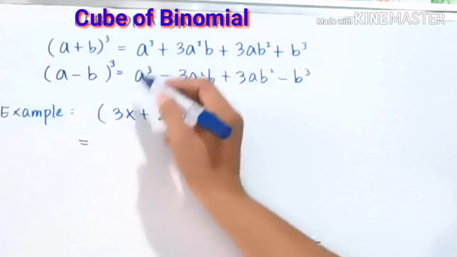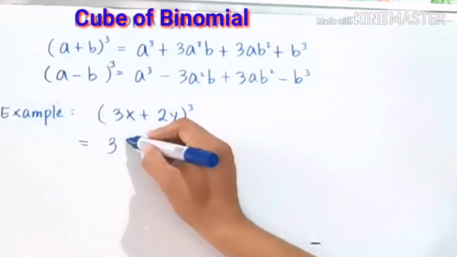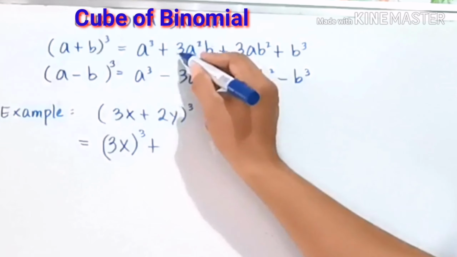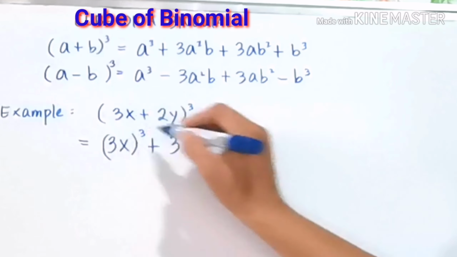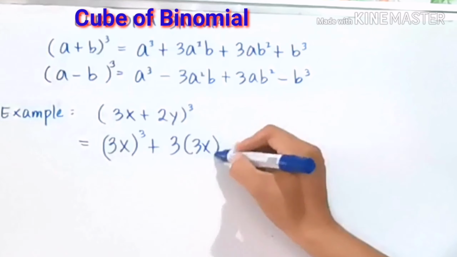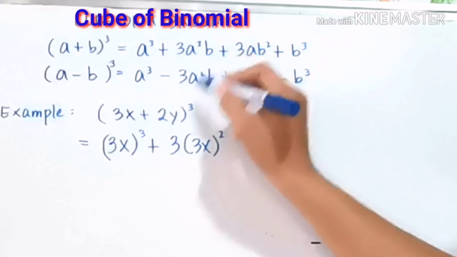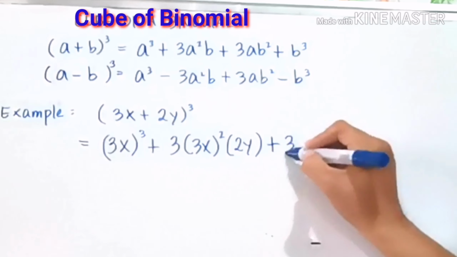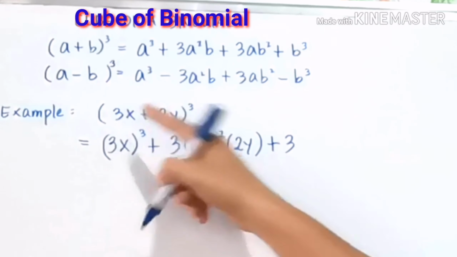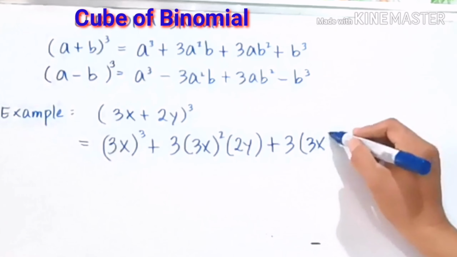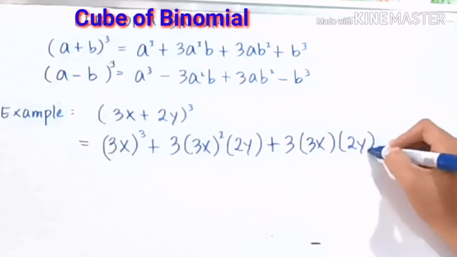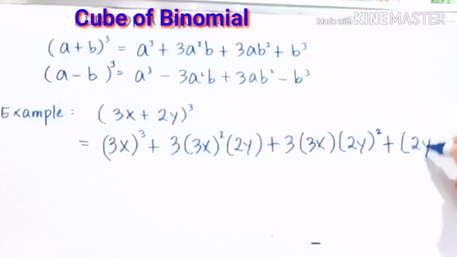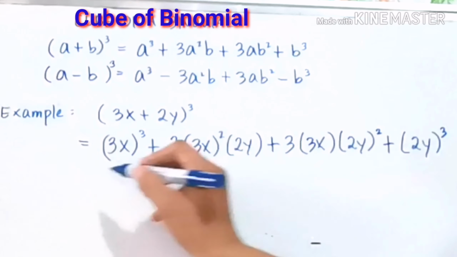So we are going to have the cube of the first term, so we have 3x cubed plus, according to the formula, we have 3, the value of a is 3x, but we have to square it, and the value of b is 2y, plus 3 again according to the formula, the value of a is 3x, the value of b is 2y raised to the power of 2, plus the last term, 2y cubed.